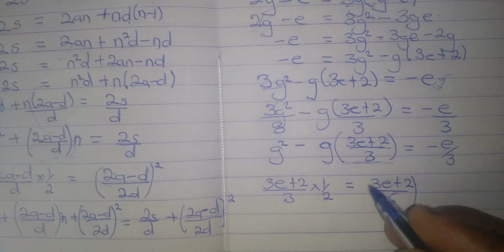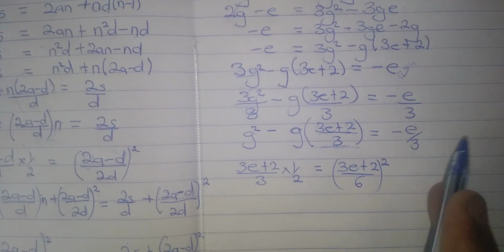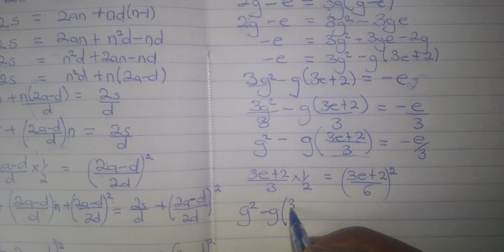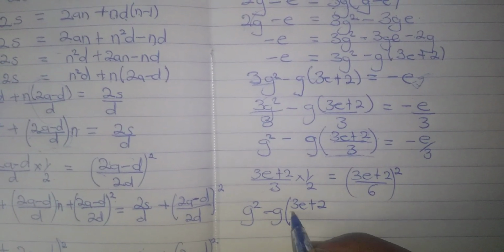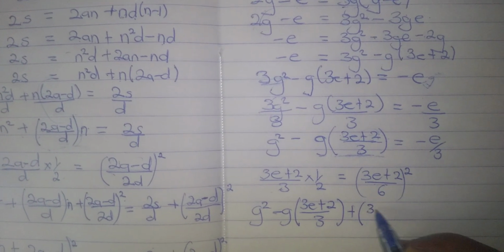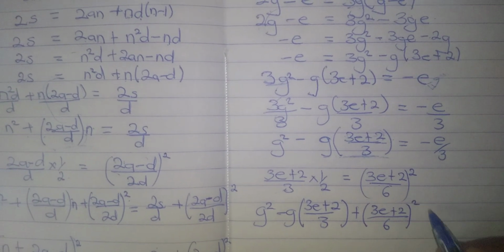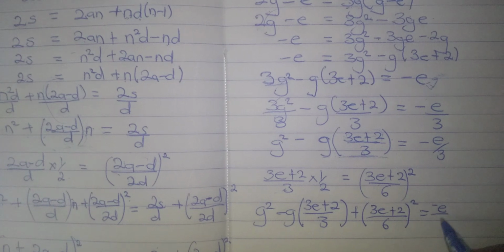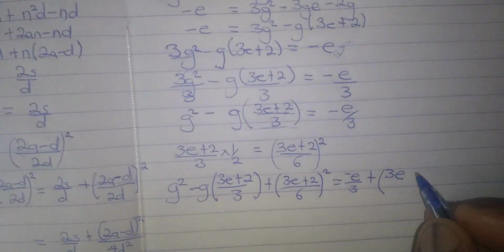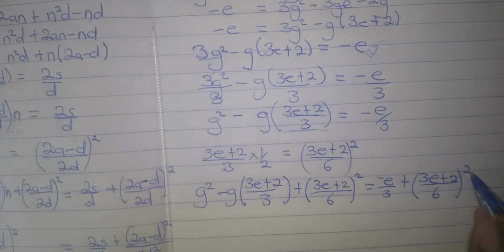The answer we get, we said we square it and add this to both sides. Add it here, add it there. Remain with g squared minus g into 3e plus 2 over 3. I added the result I got, which was 3e plus 2 over 6 squared, equals negative e over 3. I also added the result. Suppose the result is added to both sides. So this is what we call completing squares.